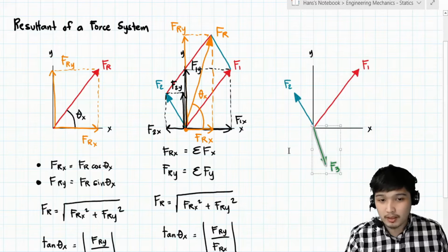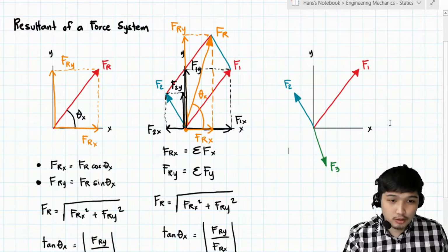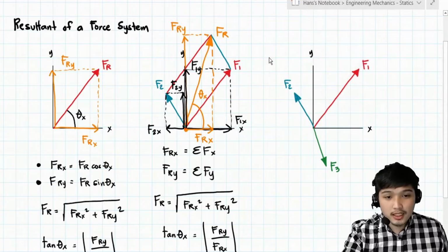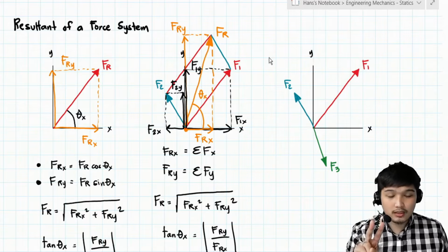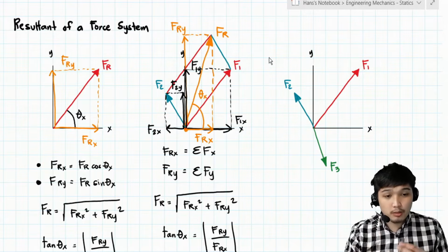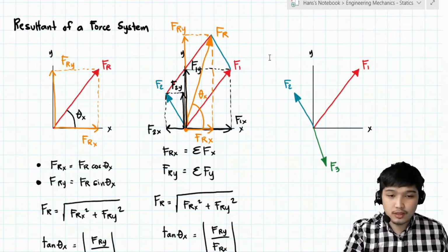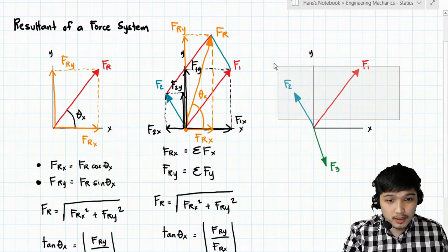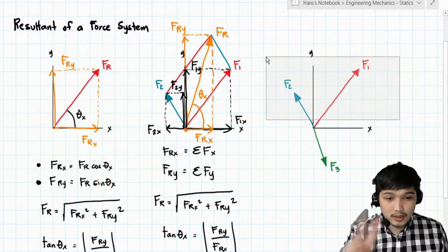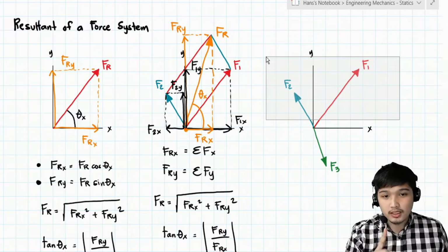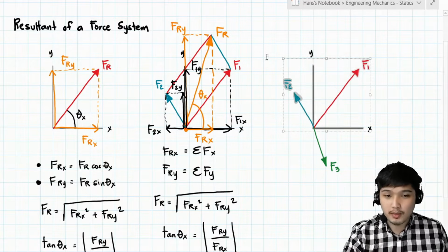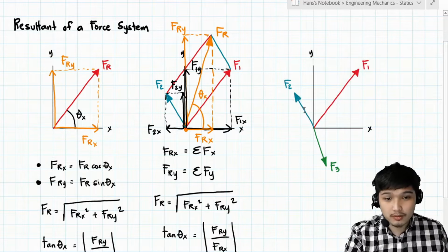Wala namang problema. So halimbawa, gusto ko munang i-consider itong F1, F2. Ang gagawin kasi natin dito class is i-convert muna natin yung dalawang force into its equivalent resultant force.